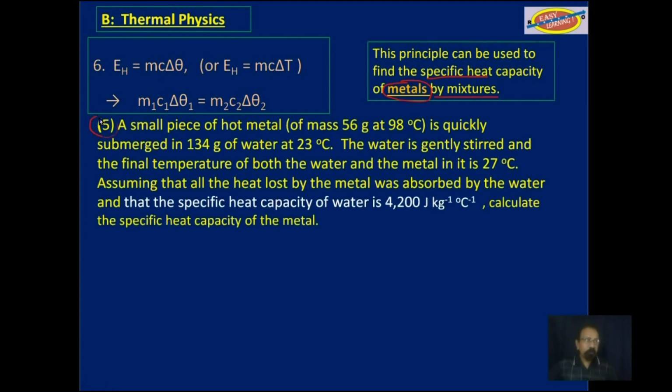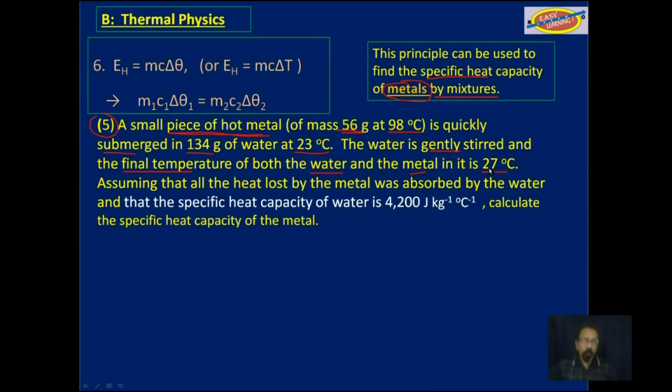So, question 5. A small piece of hot metal of mass 56 grams at 98 degrees Celsius is quickly submerged in 134 grams of water at 23 degrees Celsius. The water is gently stirred and the final temperature of both the water and the metal is 27 degrees Celsius.